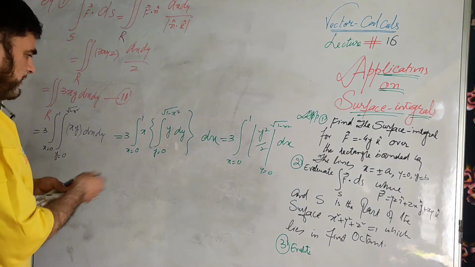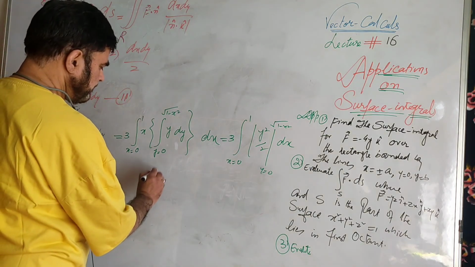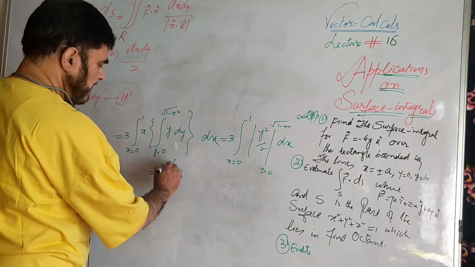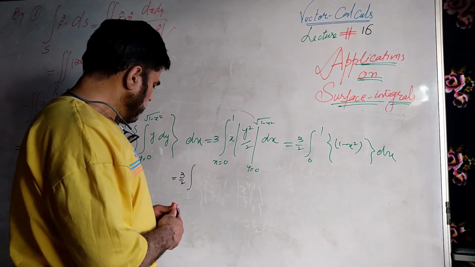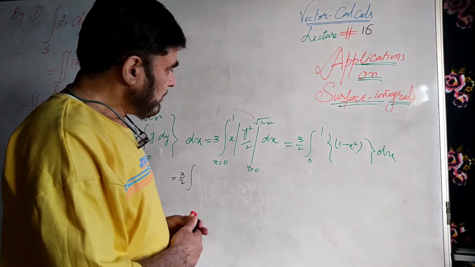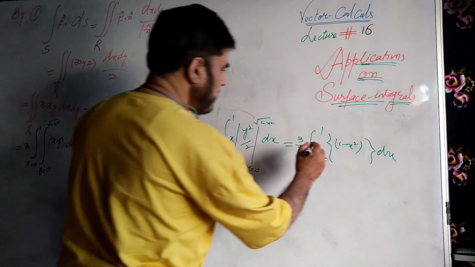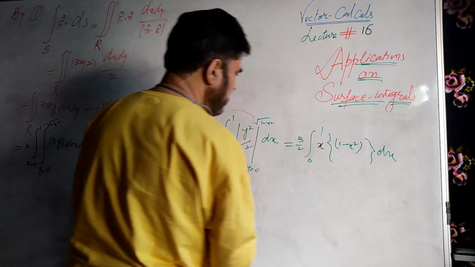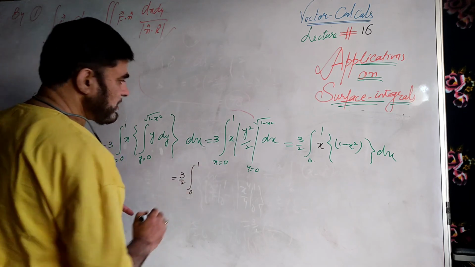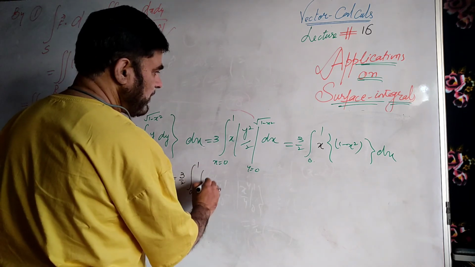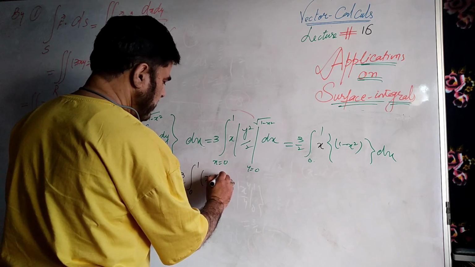Well, outside you will get 3 by 2 integral. Yes, we have perhaps forgotten here to write x. Yes, here it is x. 3 by 2, 0 to 1. This will be now x minus x cube dx.